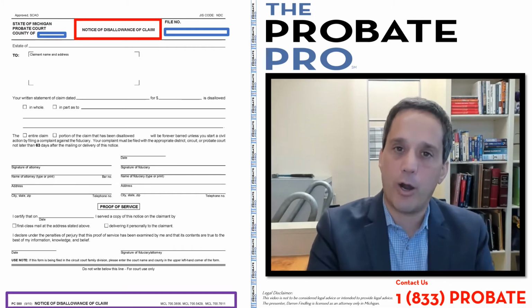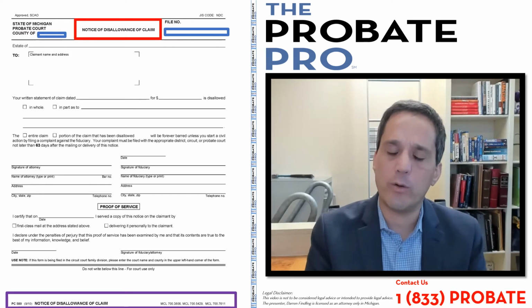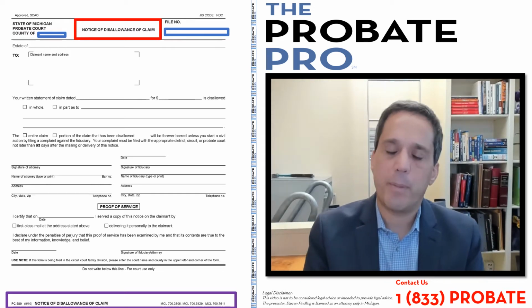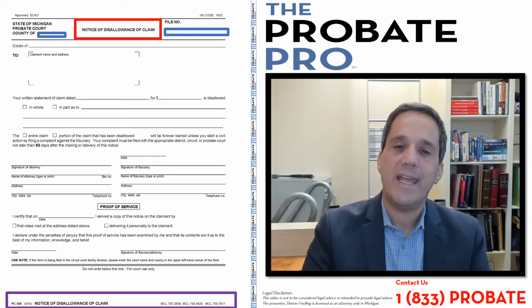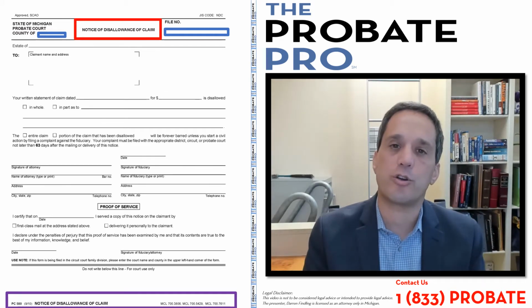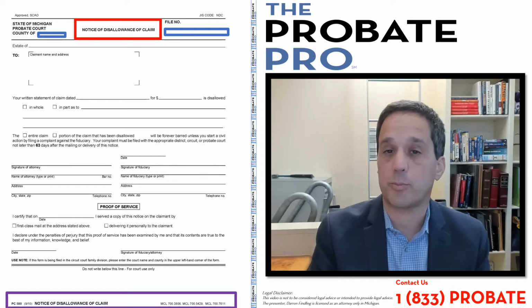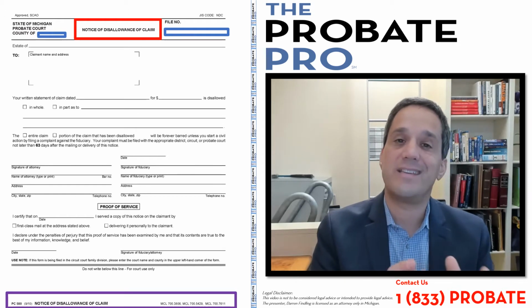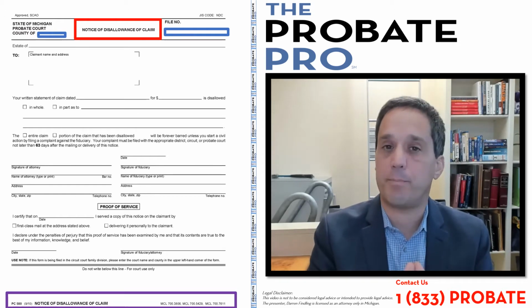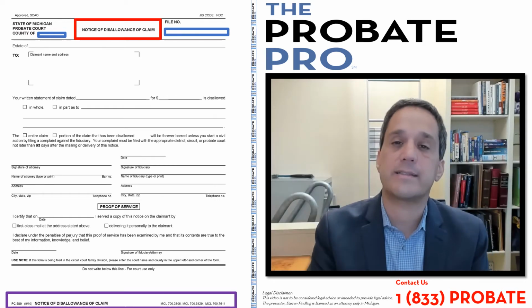I'm allowing part of it, but not the whole. Now, we don't see that happen that often, but it does happen and arise in certain circumstances when the creditor is making a claim larger than the personal representative believes is appropriate. So then we see them disallowing the creditor claim in part rather than in its entirety.